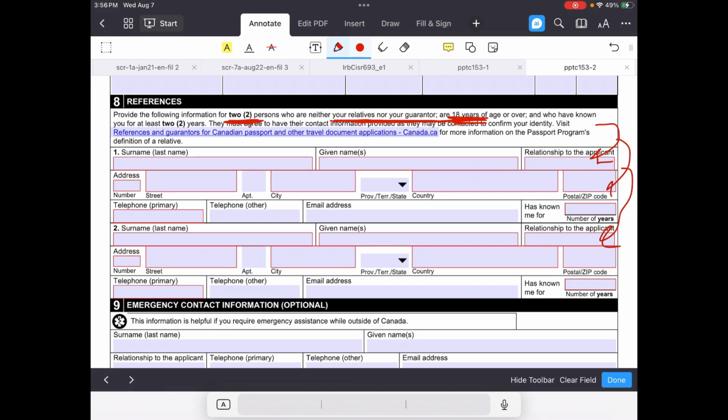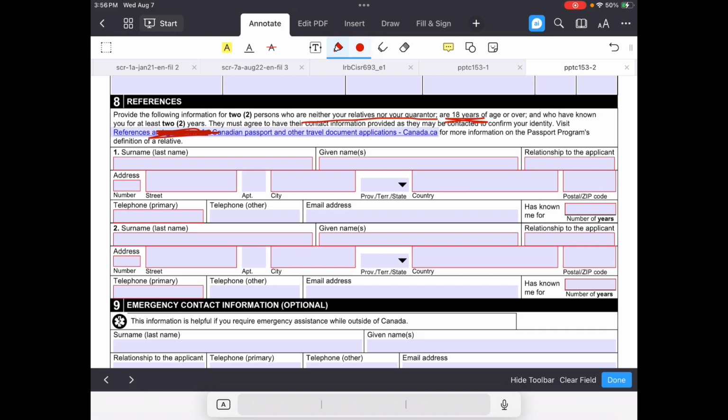They must know you for at least 2 years. If they only know you for 1 year, you can't write their information as your references. They must know you for 2 years, they must be over 18, and they must not be your relatives nor your guarantor.